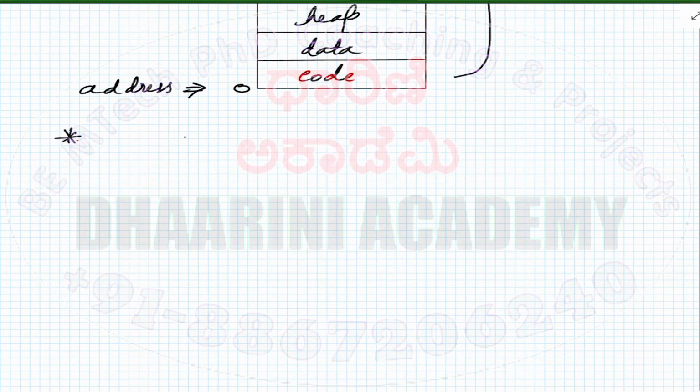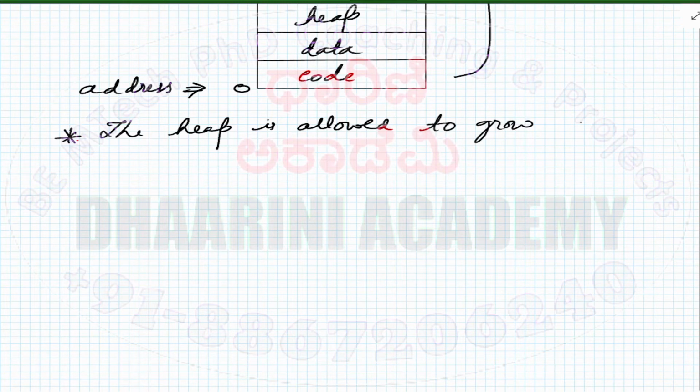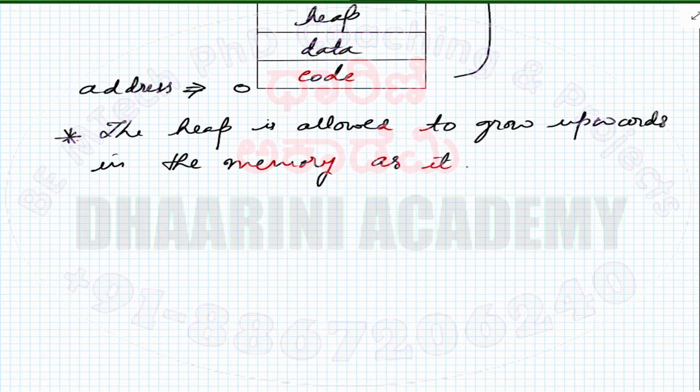The heap is allowed to grow upwards in the memory as it is used for dynamic memory allocation.